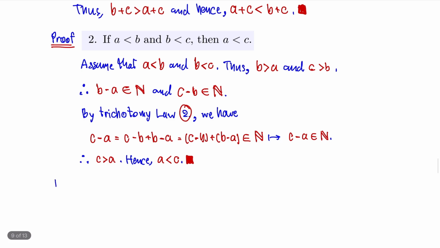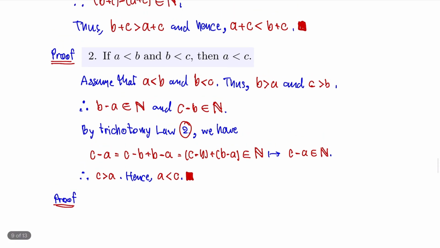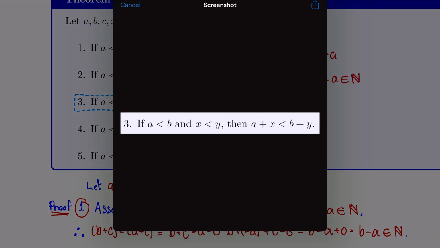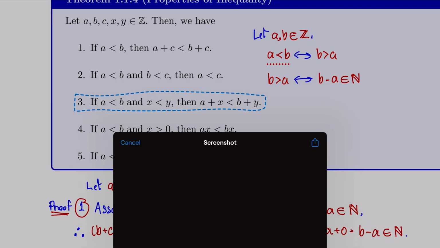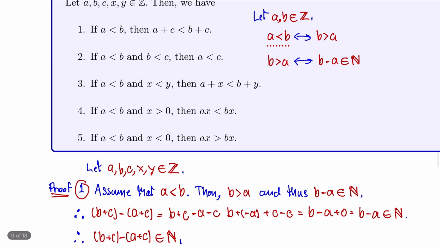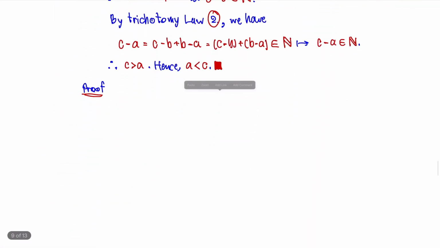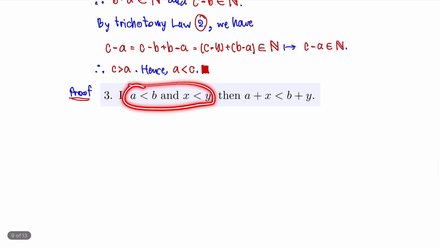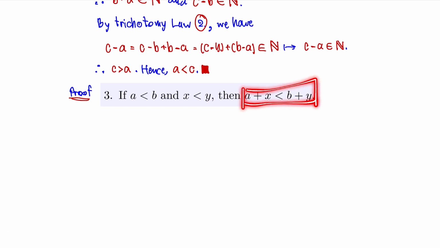Okay. The third one. Let's prove the third one. If A is less than B and X is less than Y, then A plus X is less than B plus Y. With this assumption, we have to show this inequality.